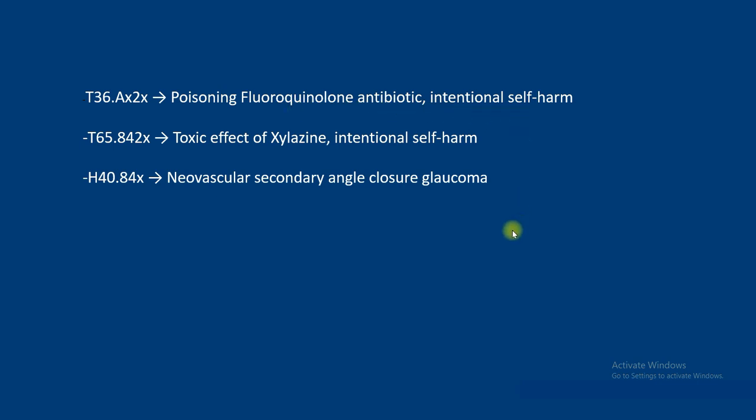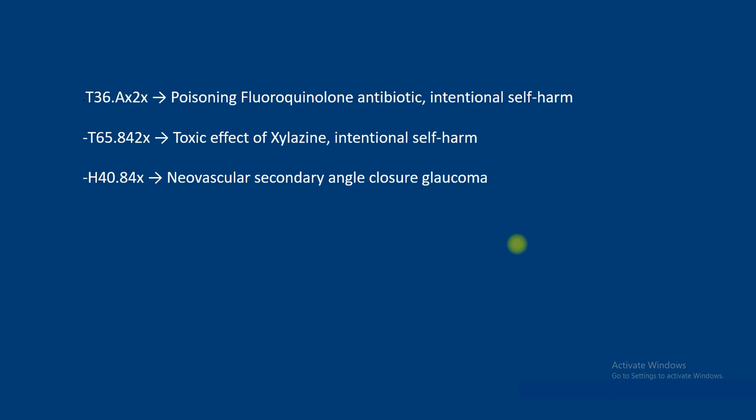Basically, intentionally the patient gets harmed due to a fluoroquinolone antibiotic. As it is an antibiotic, most of the time we use it for infections. You need to code T36.A.X.2. And next one is T65.842X, toxic effect of xylazine, intentional self-harm. So all are basically intentional.